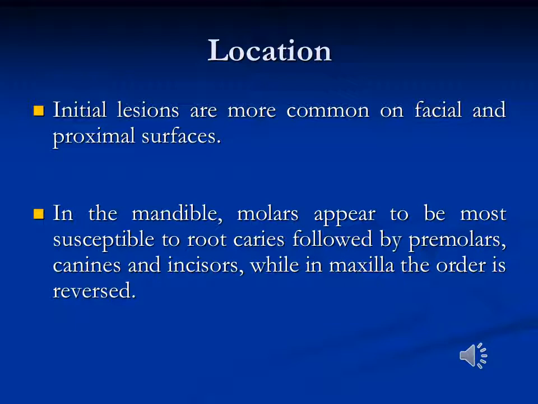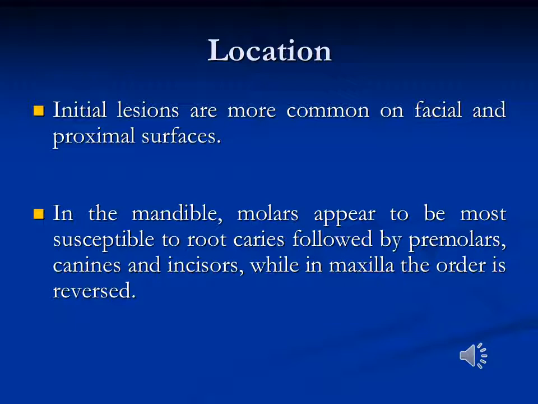In the mandible, molars appear to be most susceptible to root caries, followed by premolars, canines, and incisors. While in the maxilla the order is reversed, which means the anterior incisors are most susceptible, followed by the canines, followed by the premolars, and then the molars.